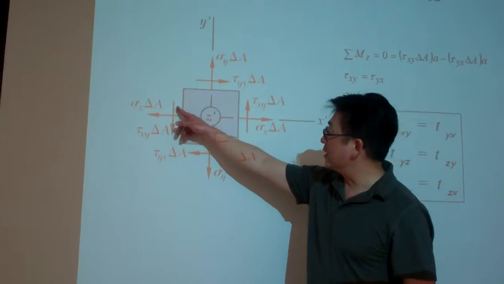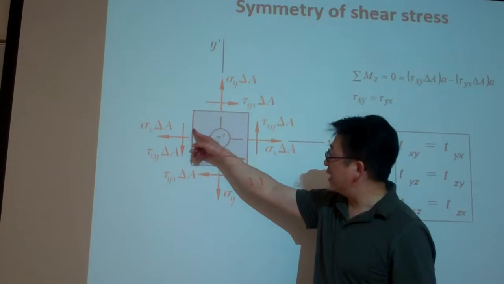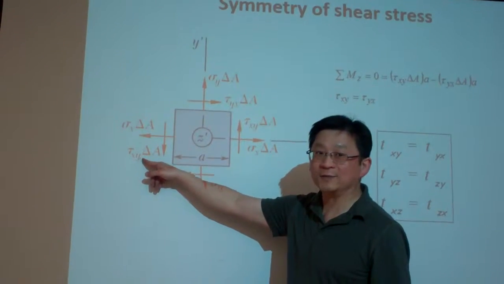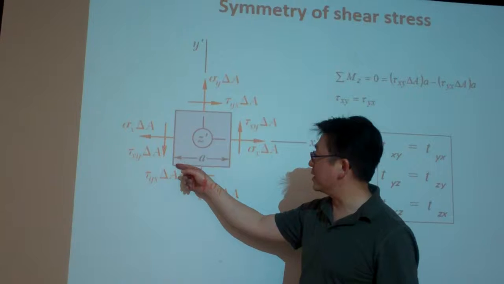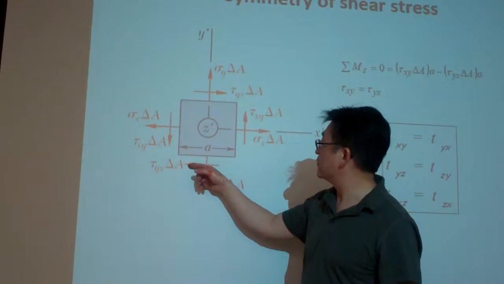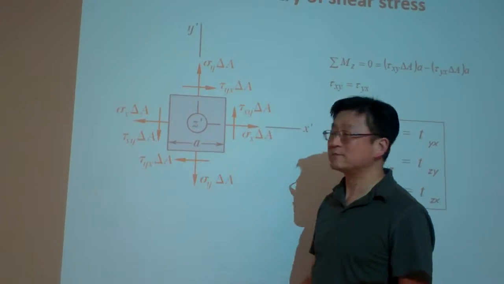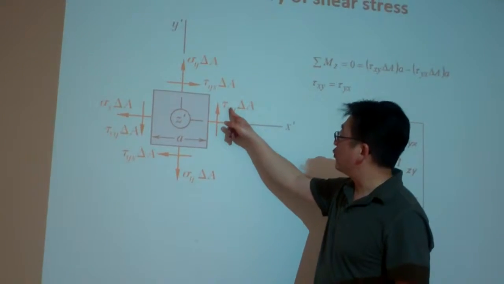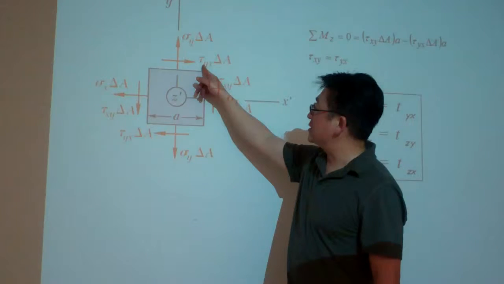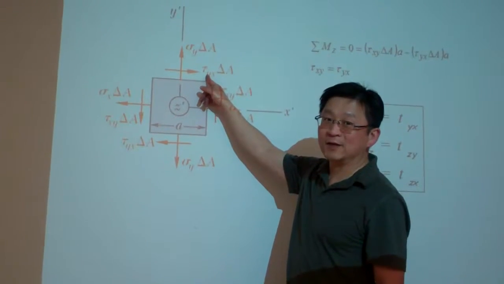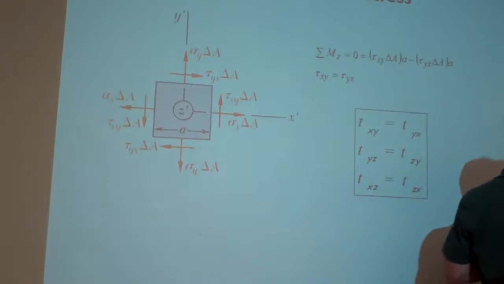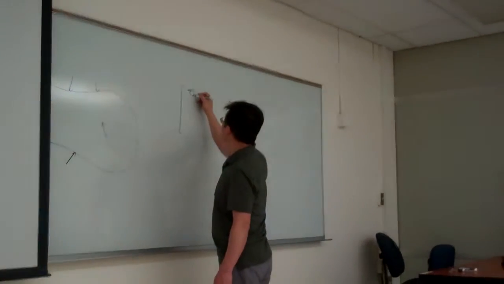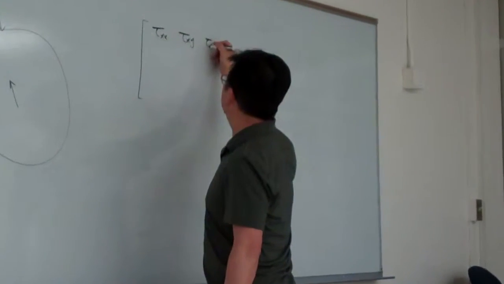And in a similar way, this is the x plane pointing in the y direction, tau xy. In the same way, this is a y plane pointing in the x direction, tau yx. And on this page, this is one stress component, and this is another stress component. They are different. Here we're showing tau xx, tau xy, tau xz.